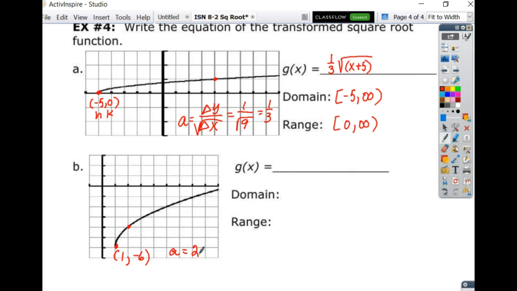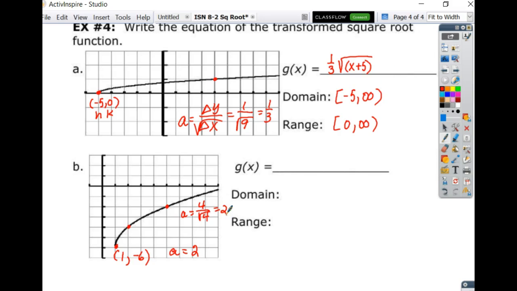So what would have happened if I picked this one? 1, 2, 3, 4. I went up 4 and over. I have 4 over the square root of 4, right? What's the square root of 4? 4 divided by 2 is? So it doesn't matter which one you pick.